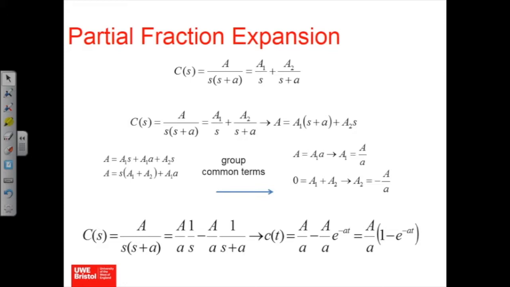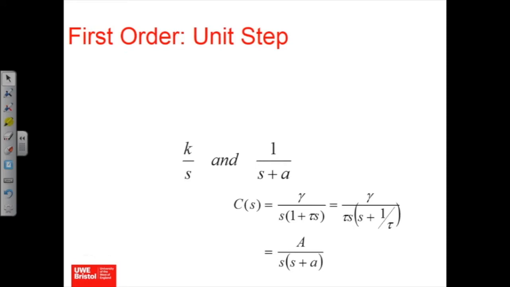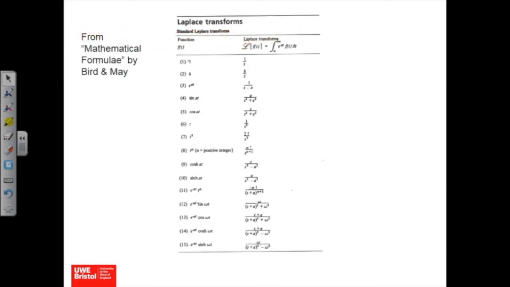I go back to the tables. The terms we've used are, this is k upon s. I had big A upon little a times 1 upon s, so that simply becomes big A over little a. And the other term was this one, 1 over s plus a. They've actually got s minus a in these tables.